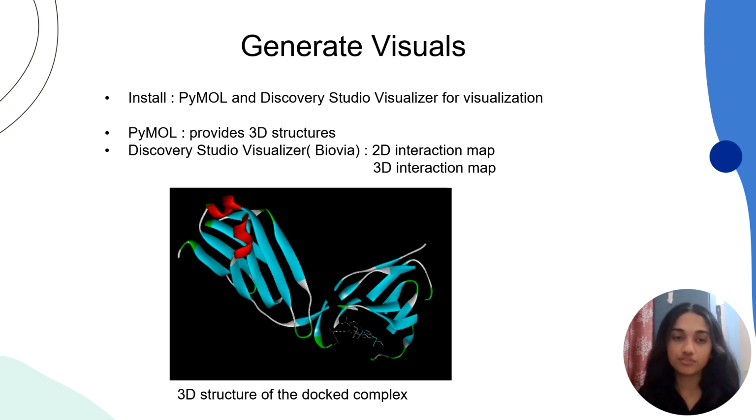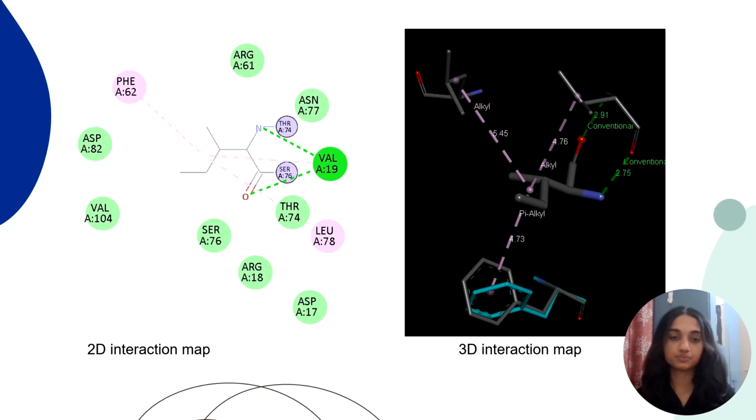Next is generating visuals. To generate the visuals, we install PyMOL and Discovery Studio Visualizer, which is BIOVIA. PyMOL provides 3D structures, and the 2D and 3D interaction maps are provided by BIOVIA. The structure below is a 3D structure of the docked complex obtained using BIOVIA.